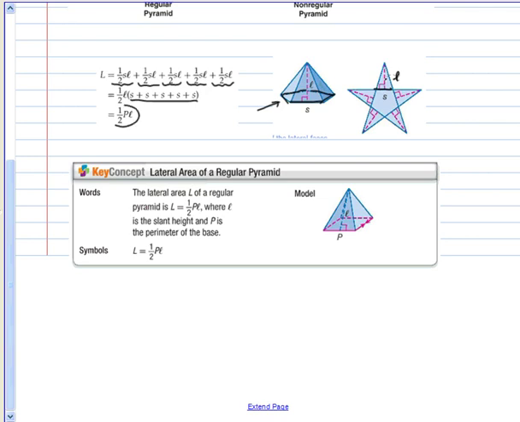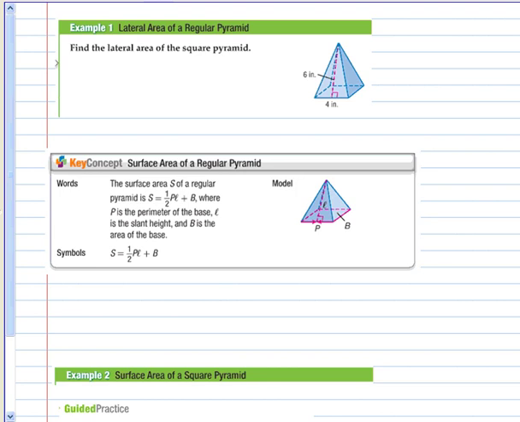So there is our formula for lateral surface area of a pyramid. On the left-hand side of your formula sheet, that would be a good thing to write down. The title is Pyramids, and the lateral area is 1/2 perimeter times slant height. So you can say 1/2 PL, but that doesn't really tell us anything. 1/2 perimeter times slant height.